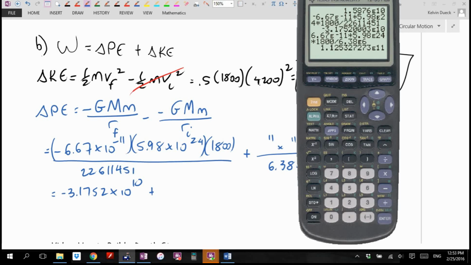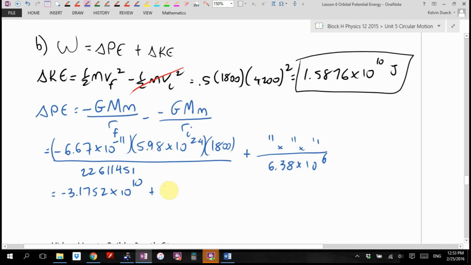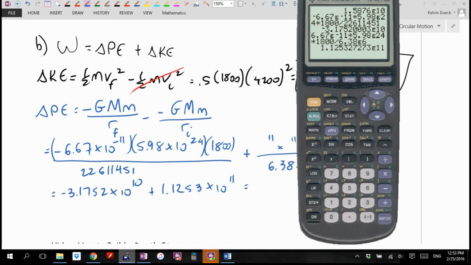1.1253 times 10 to the 11th. Plus negative 3.1752.